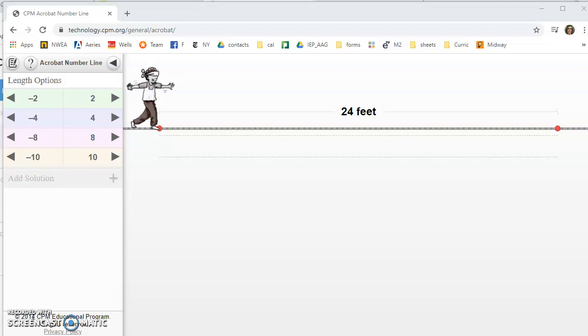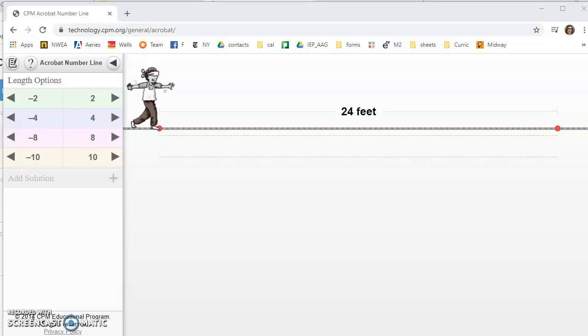So let's get started. This acrobat, his name is Cecil. He's on a tightrope and he's blindfolded, and he is practicing for a performance in the Big Top at the end of the week. His tightrope is 24 feet long. He needs to get from the side he's on now to exactly the other end, where the other red dot is.